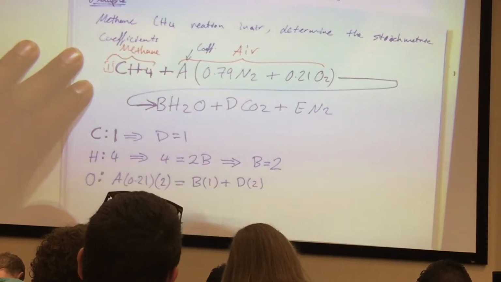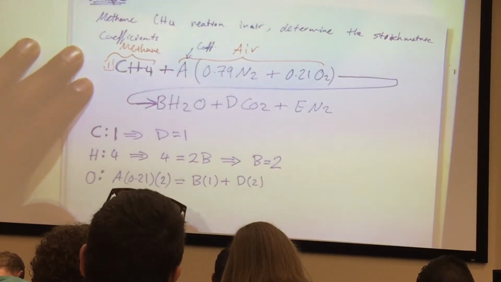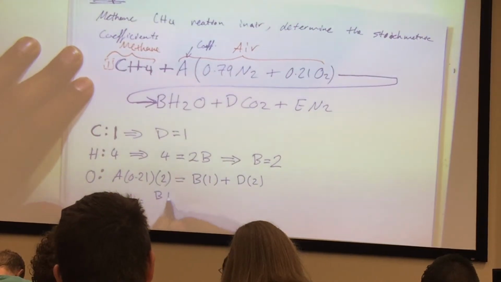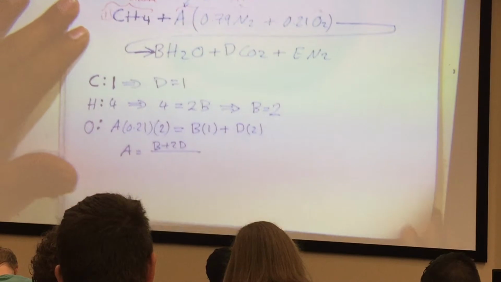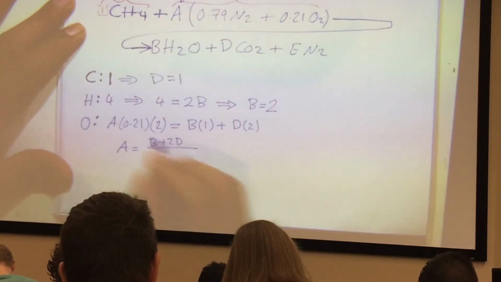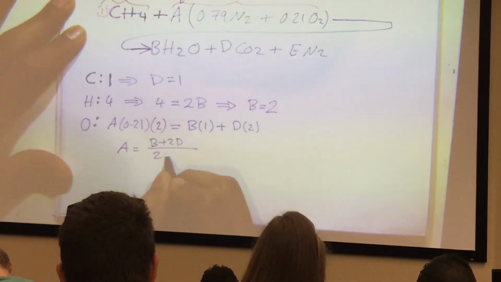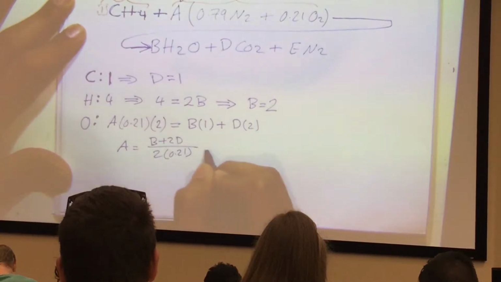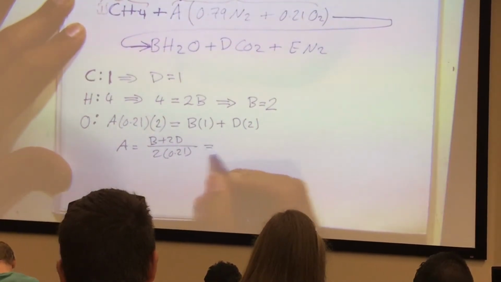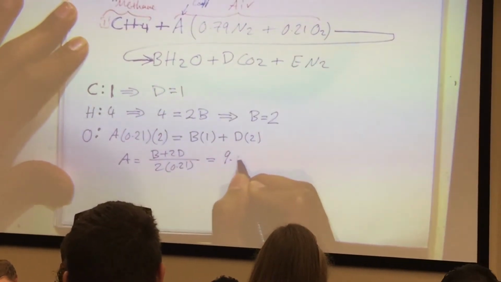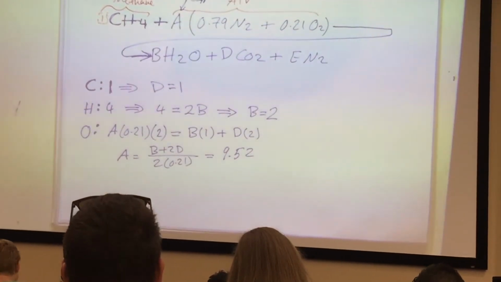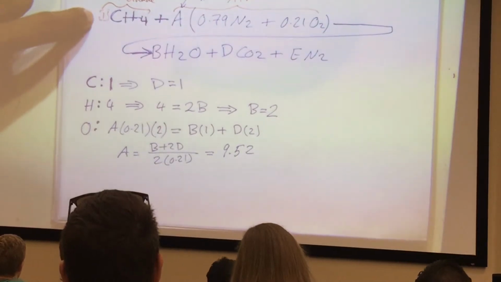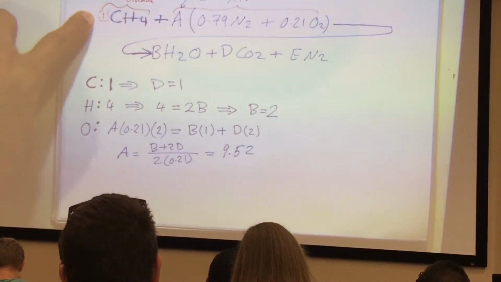So from that, I could say A is equal to B plus 2D divided by 2, 0.21. And from that you get 9.52. And now you know how much air you put with 1 mole of CH4.